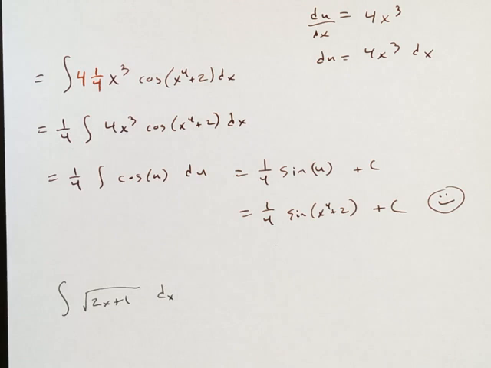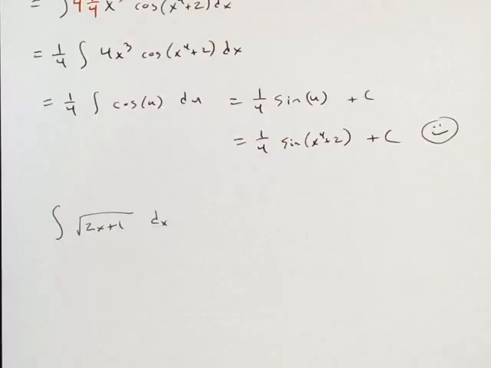The square root of 2x plus 1. If I'm still thinking chain rule, inside piece is inside piece. My inside piece is 2x plus 1, right? What happens when I do that?